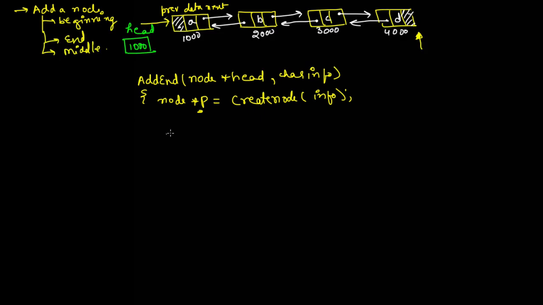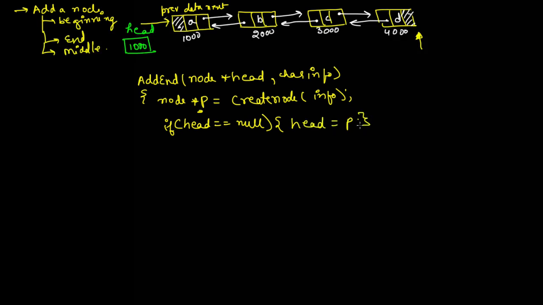So what you can do is, if head is equal to null, that means there is no node present in this linked list, then you can do head is equal to p.